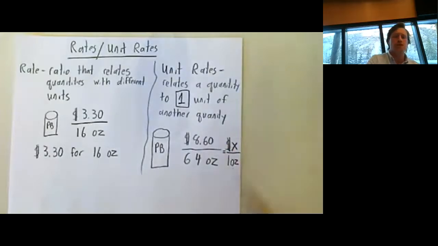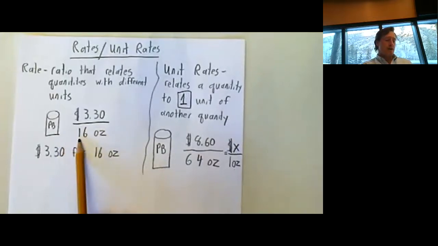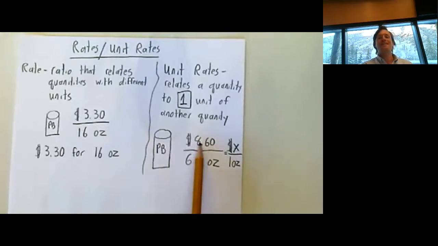Now, unit rates are super important, super useful in the real world when we're talking about which one is the better buy. Let's say we have 1 jar of peanut butter that's $3.30 for 16 ounces, another that's $8.60 for 64 ounces.